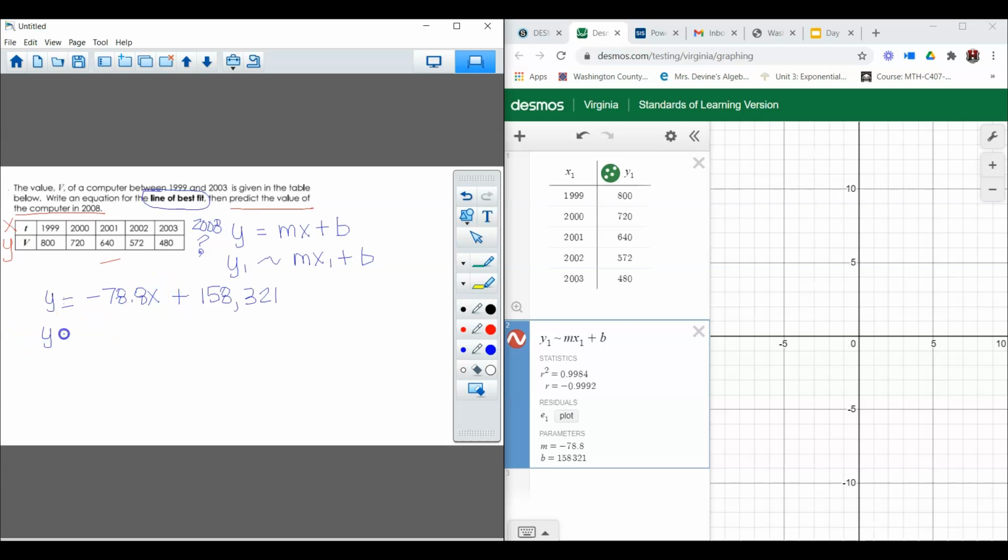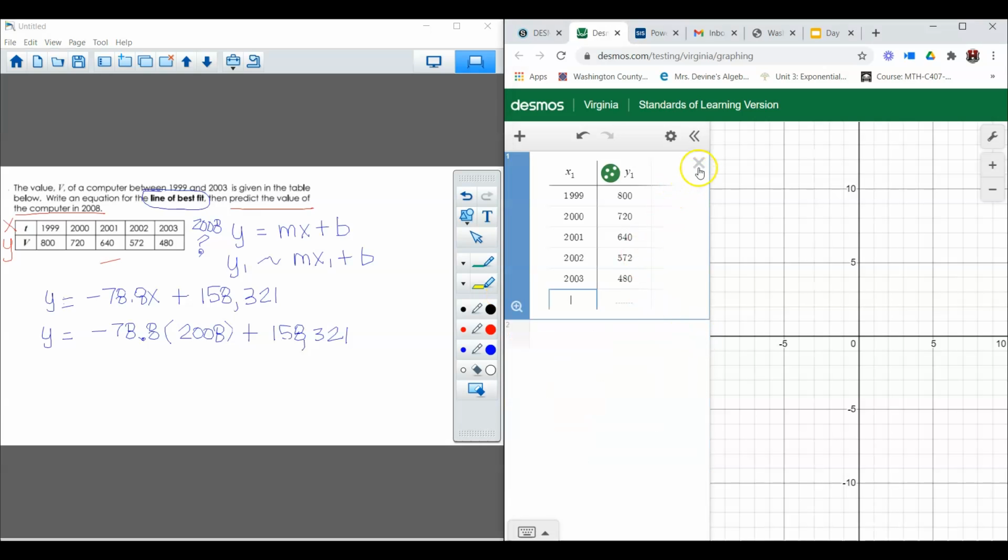So I get y equals negative 78.8 times 2008 plus 158,321. So on the prediction part, you're going to take the number they've given you and just plug it into that equation that you have. All right, so I'm going to delete what I have over here.